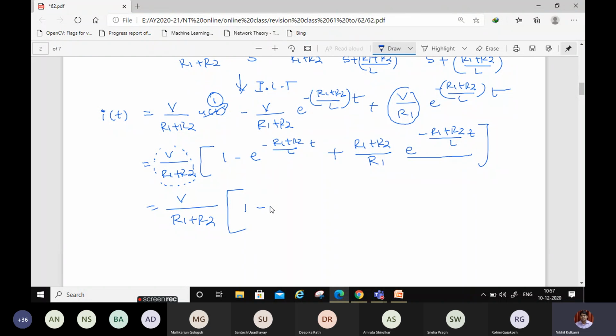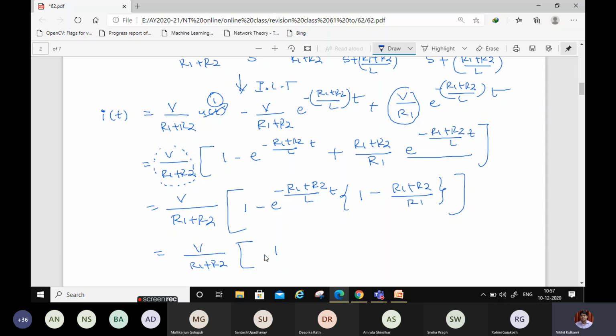If I take that as common, I can write minus (r1 plus r2) divided by r1. So this will be further v divided by r1 plus r2 into 1.